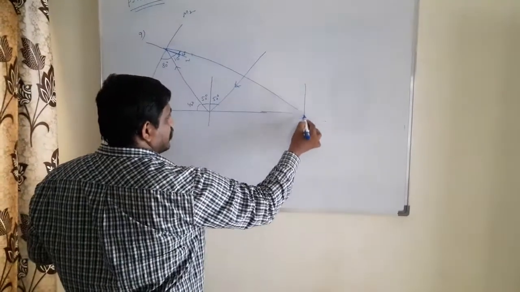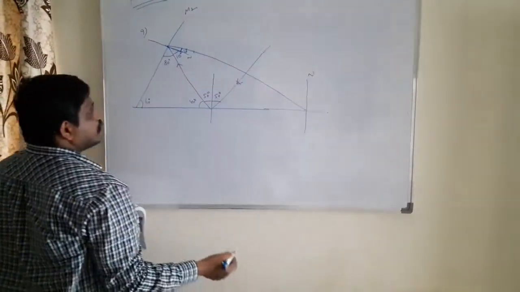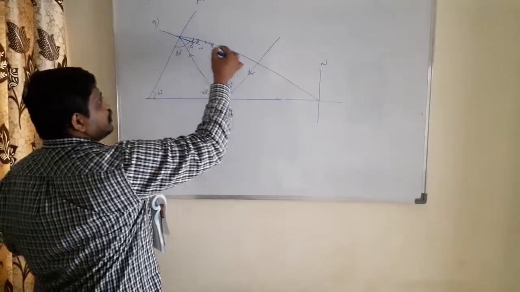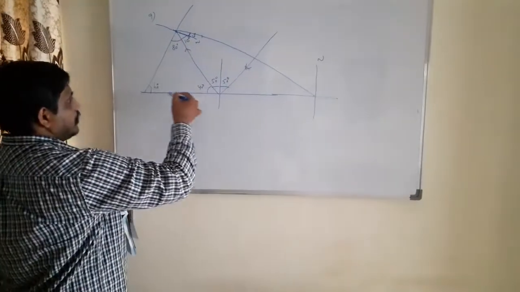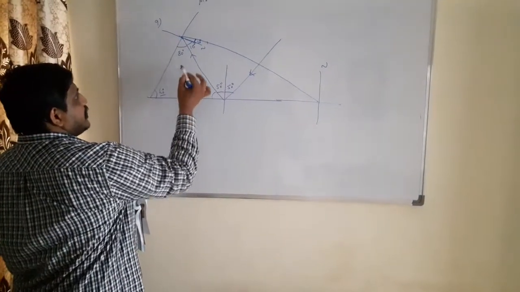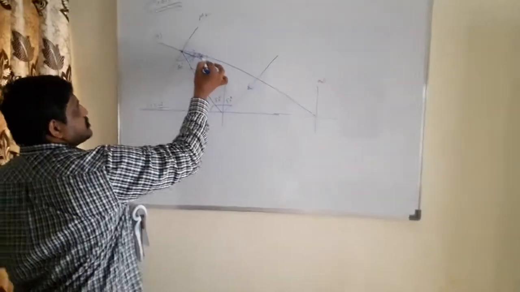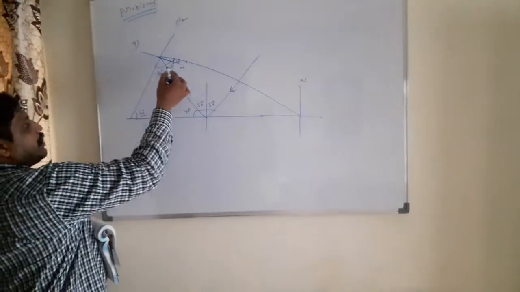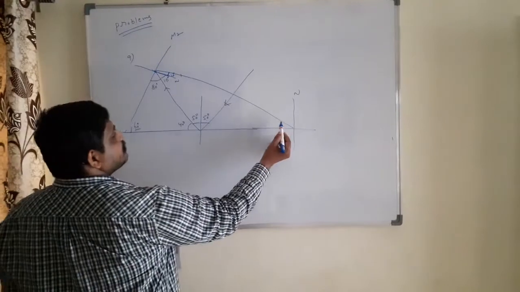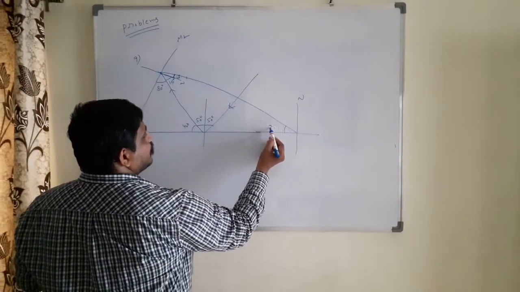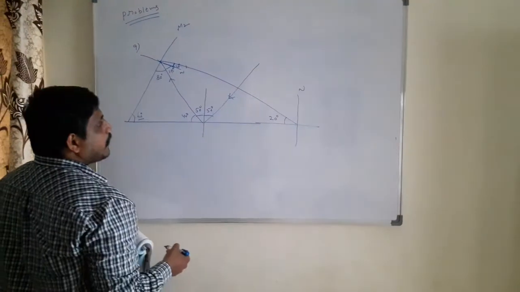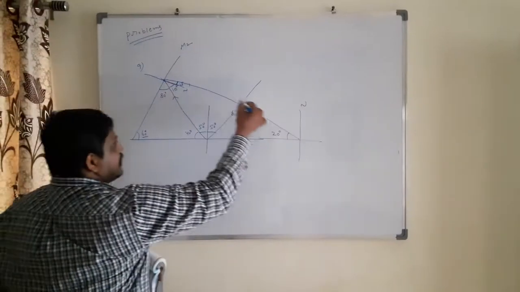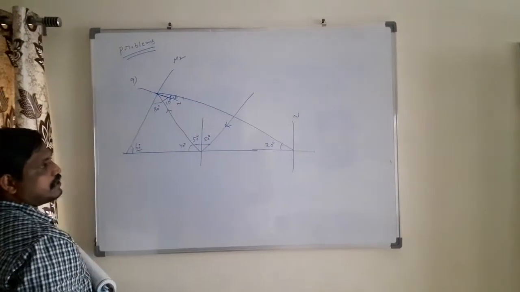Here, this is the normal. This is another triangle. Here this is 60 degrees, here 80 plus 10 plus 10, how much? 100. 100 plus 60 is 160, so this becomes automatically 20 degrees, because the total angle in the triangle is 180 degrees.